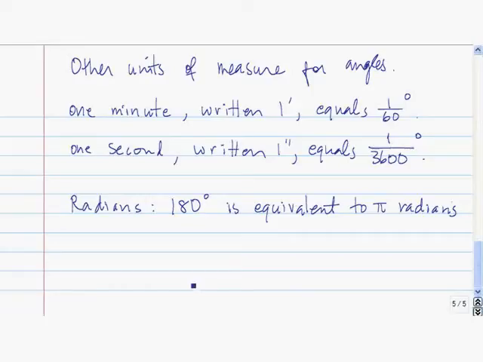Another unit of measure for angles is called a radian. 180 degrees is equivalent to pi radians. So 360 degrees is 2 times 180, which means 360 degrees is 2 times pi radians.